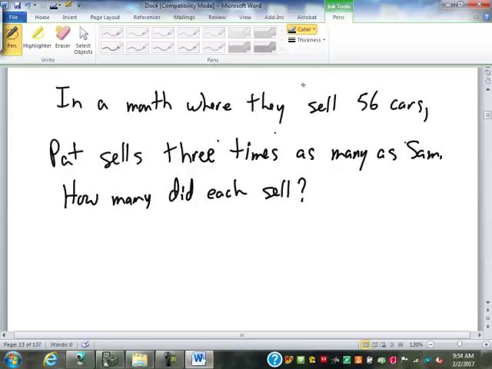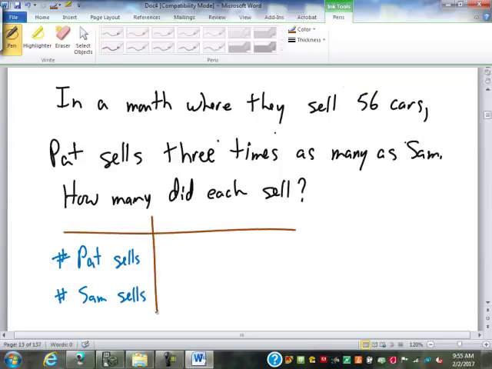So here we have 2 things we're looking at. We're looking at the number Pat sells, the number Sam sells. I can't have two separate variables. I can't call one x and one y because then I don't know how to solve the equation.